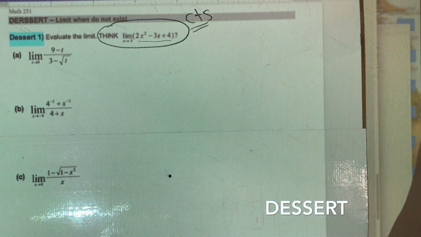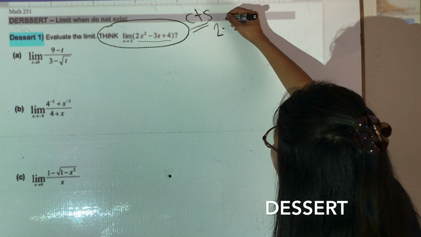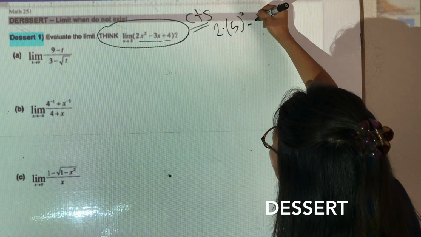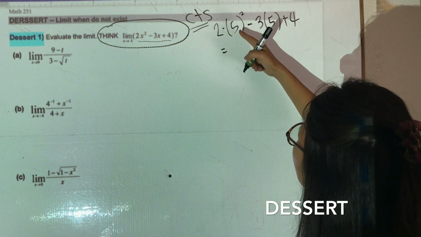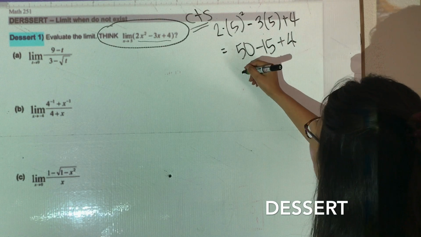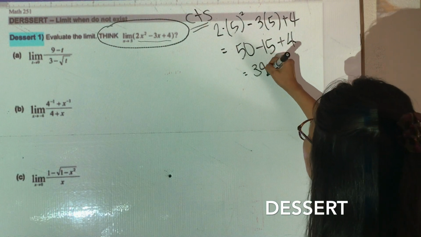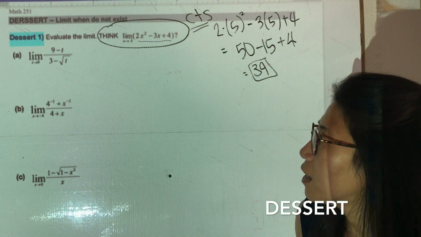So if I plug in 5, that is going to be 2 times 5 squared minus 3 times 5 plus 4. Let's do it quickly. That's going to be 50 minus 15 plus 4, which is 39. So I see the limit goes to 39.